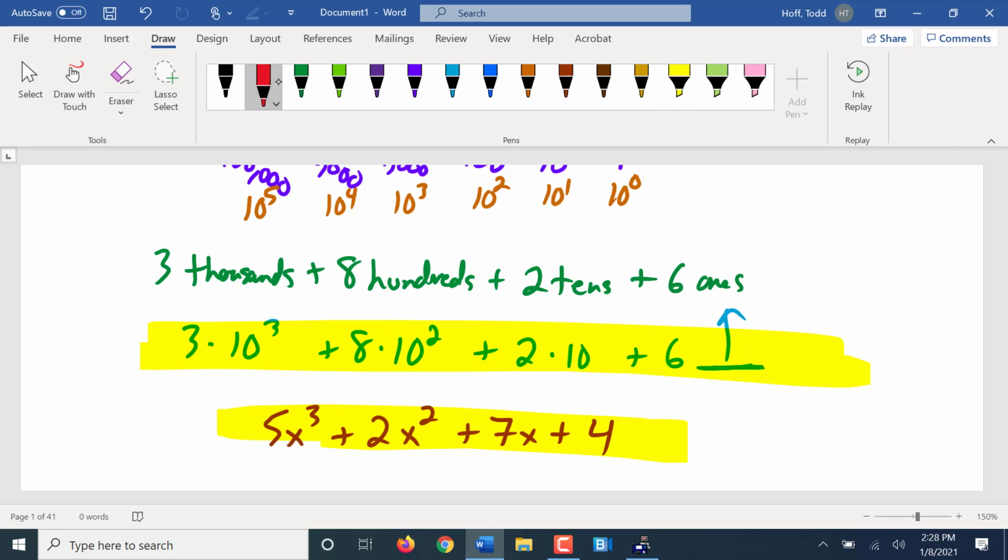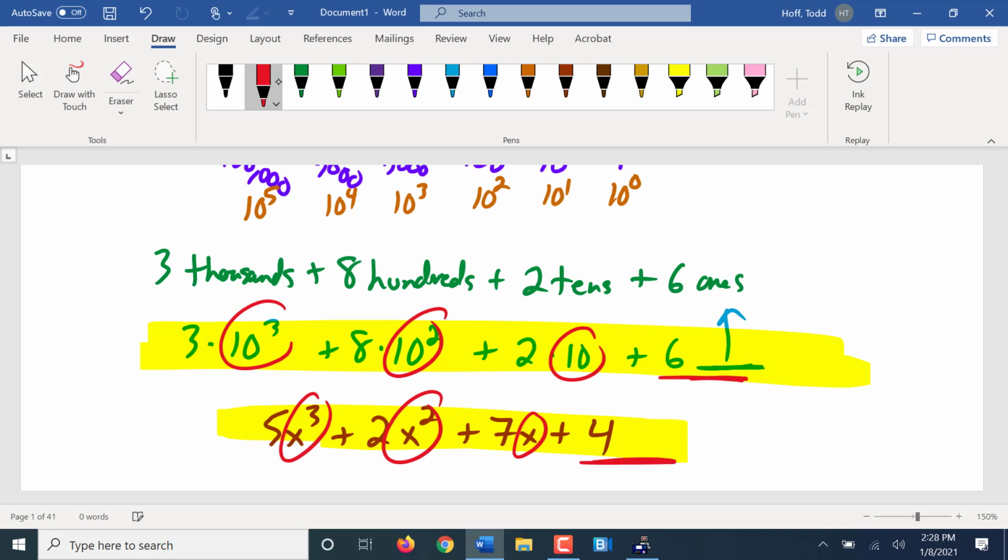The difference is our place values, rather than being powers of 10, are now powers of x. Instead of 10 to the third, it's x to the third. 10 squared becomes x squared. 10 to the 0 is 1, well, x to the 0 is also 1, so that last digit is still just the ones digit in each of those numbers.